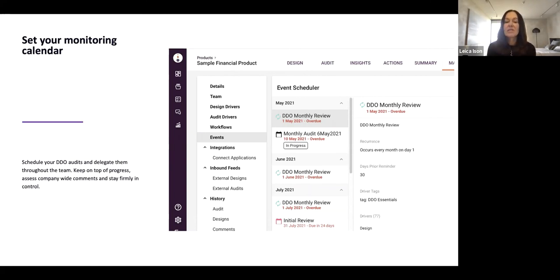A really useful tool that we've got in the Skyjed design workspace is that when you set and publish those target market determinations, you can see here we've created this event scheduler. For my products, I can put in an event and color code it. In this example, I've color coded everything related to DDO as red.